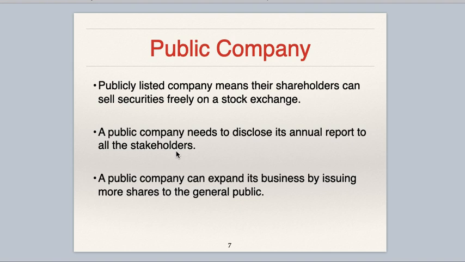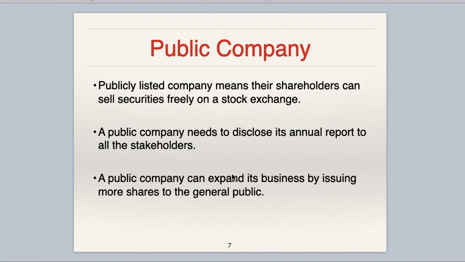So it is necessary for a public company to disclose this annual report to all stakeholders. Who are these stakeholders? Shareholders, prospective investors, money lenders, debtors, creditors, employees, tax authorities, government, competitors, etc. All these are various stakeholders who are interested in the financial statements of the public company.